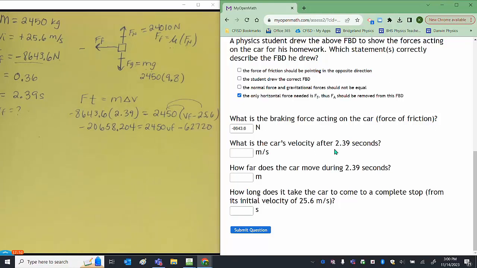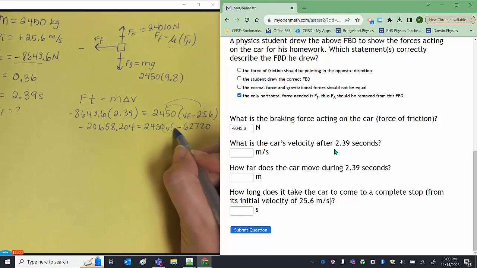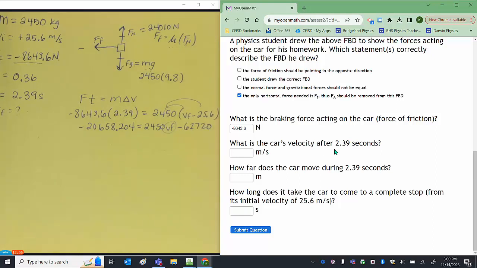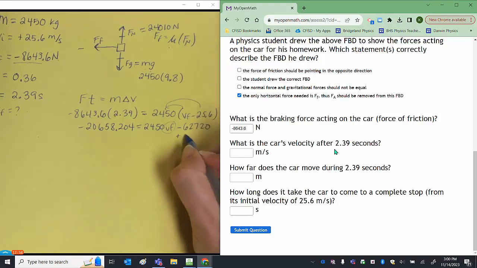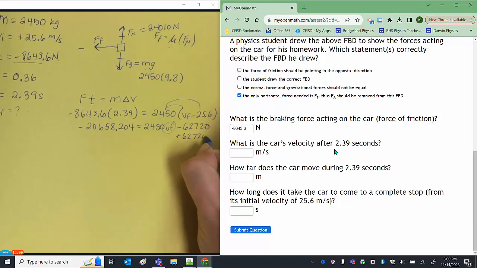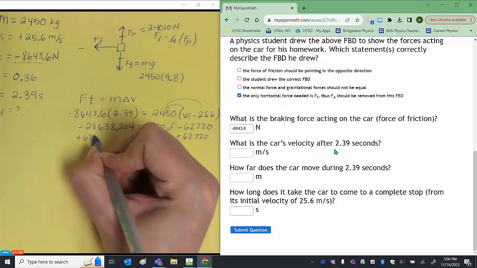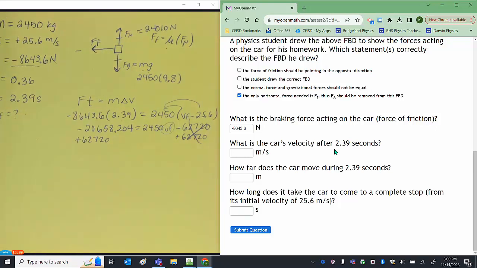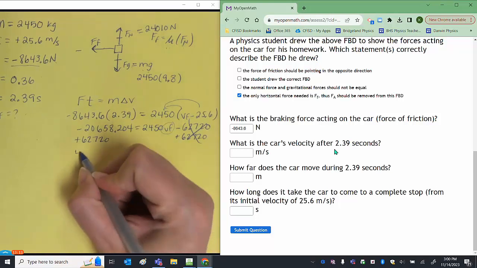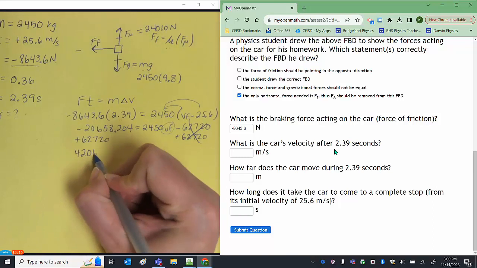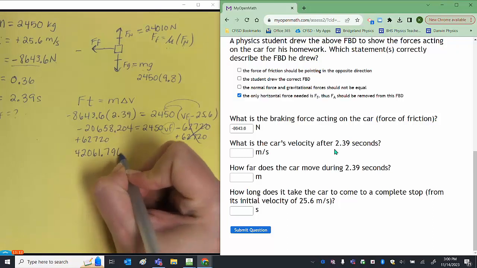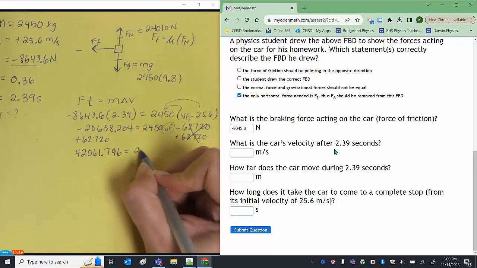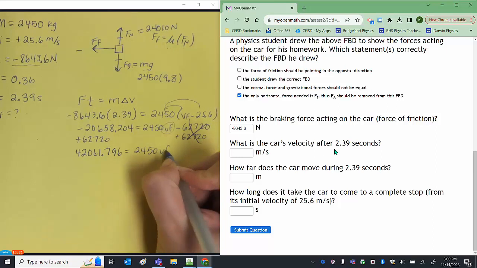Okay, so again, I am trying to find this. Need to get that by itself. So my next step is going to be to add 62,720 to both sides. That's going to cancel this, and over here I'm going to get this, 42,061.796 equals 2450 times Vf. And again, I'm still not done.